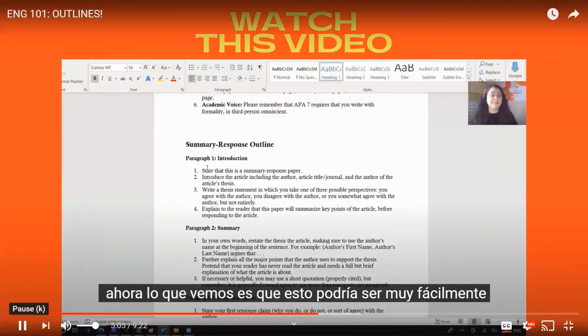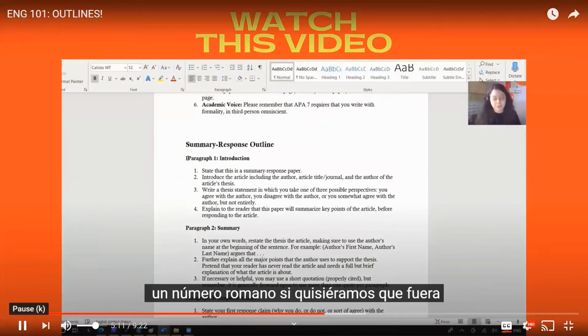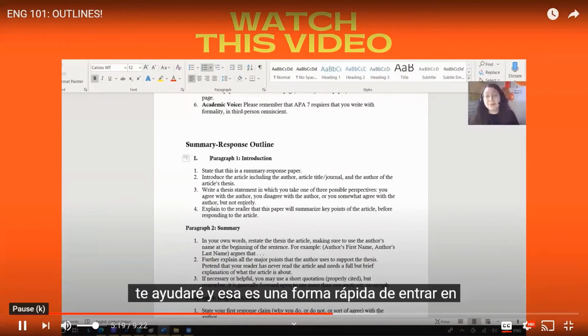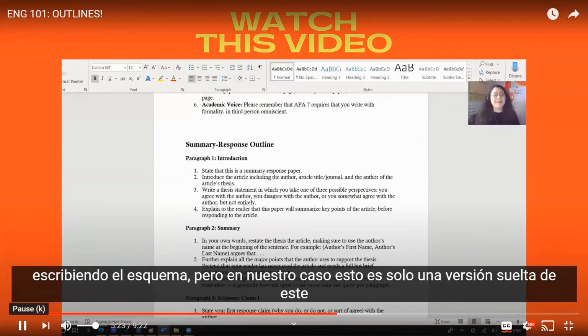Now, what we see is that this could very easily be a Roman numeral list if we wanted it to be. And if you do that, the Word program thinks, oh, you're writing an outline, I'll help you. That is one quick way to get into writing the outline. But in our case, this is just a loose version of this.